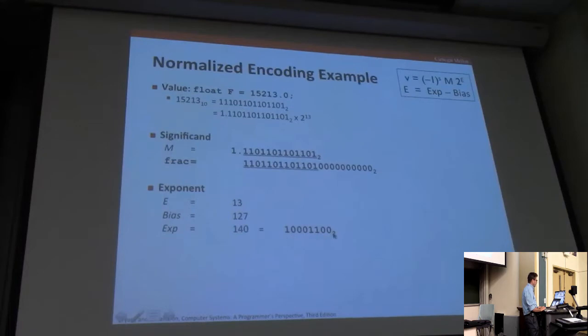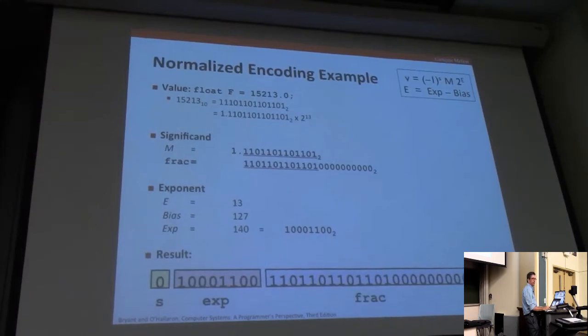Okay, so 140 is represented using these 8 bits, and that becomes our EXP field. Okay, so the resulting floating point number, and of course it's a positive number, so the sign bit is 0. So the resulting floating point number has the 8 bits in the EXP field that we computed from 140, and then the frac field are these bits that we got by just taking everything to the right of the binary point.